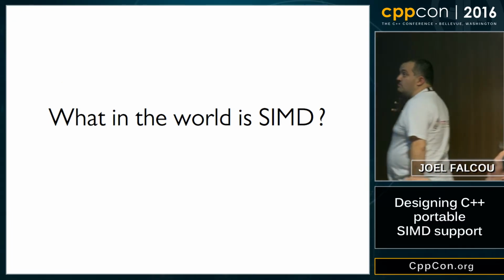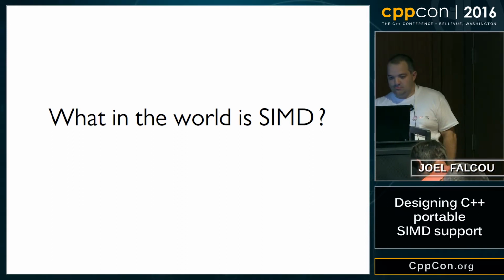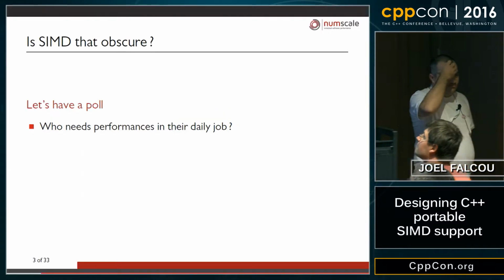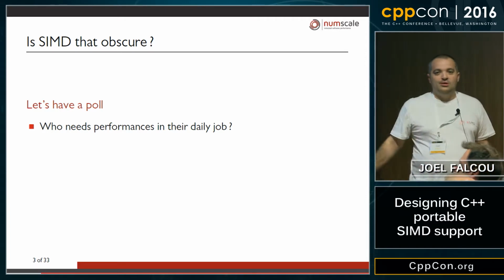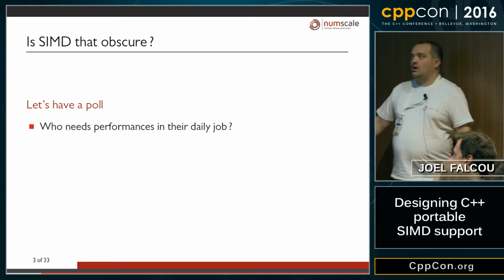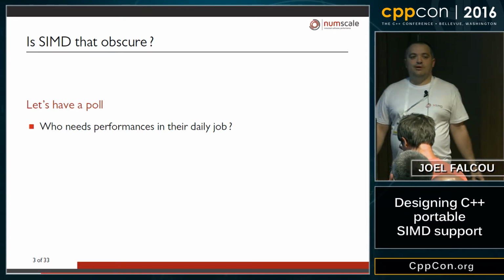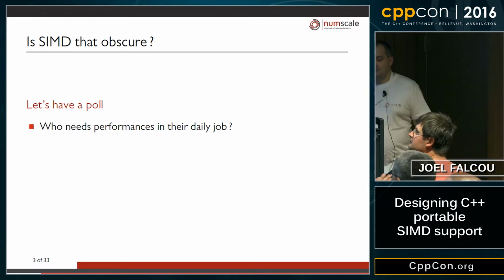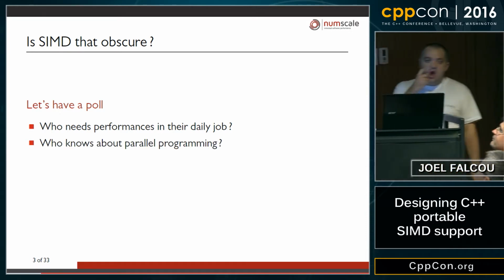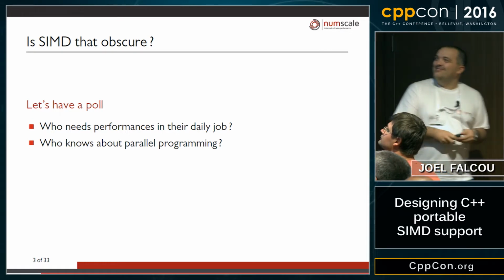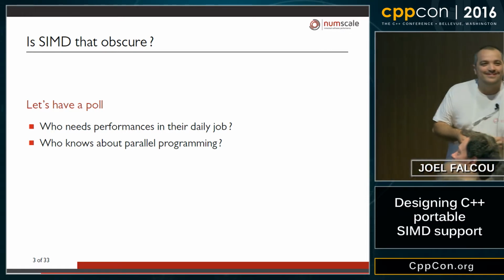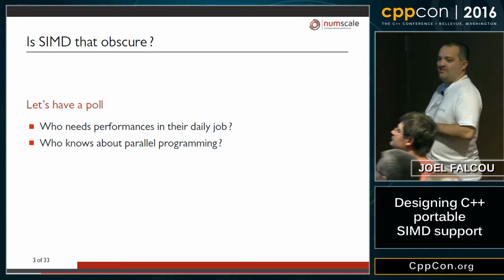So let's start with a simple amount of questions. Who actually deals with performance issues as a daily constraint in their jobs? Okay, pretty much everybody. Cool. Who knows about parallel programming in this subset of people? Well, pretty much.